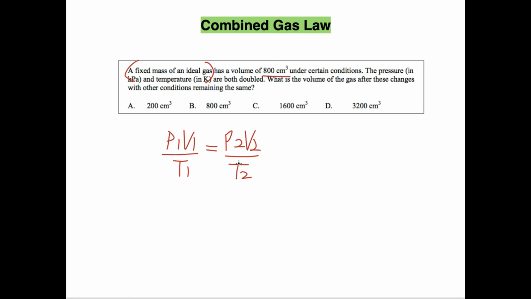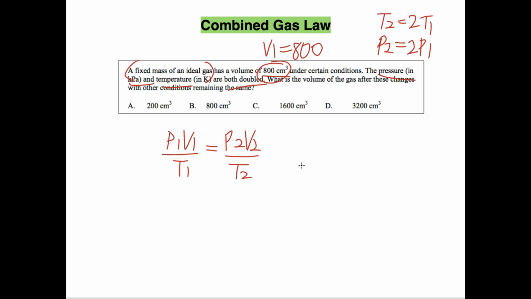Here we can say that the pressure is doubled, so P2 is going to equal 2P1. The temperature is also doubled, so T2 is going to equal 2T1. And the volume is 800, so V1 is going to equal 800.